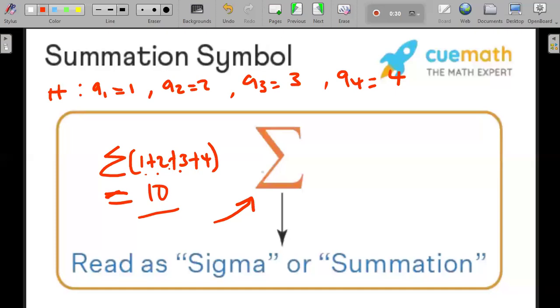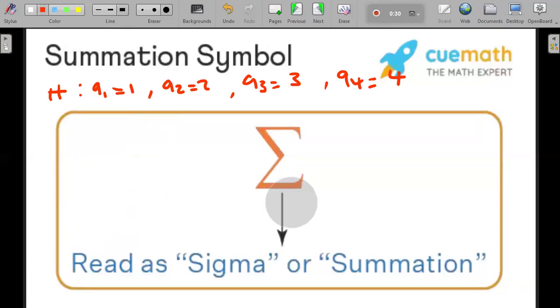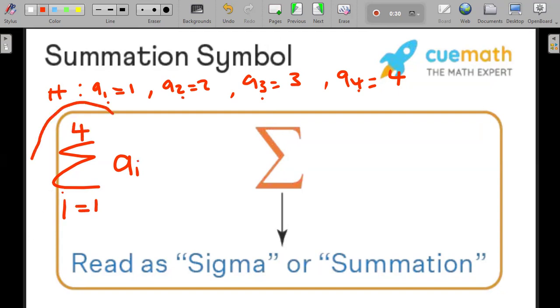So what are we going to do in order to use this sigma notation to find the sum of those heights? We can just write the sum of those heights as the summation of A_i, where this i represents these numbers here: 1, 2, 3, and 4. So down here you're going to write i starts from 1, and then it ends on 4. An expression like this, you're going to see it a lot in statistics.